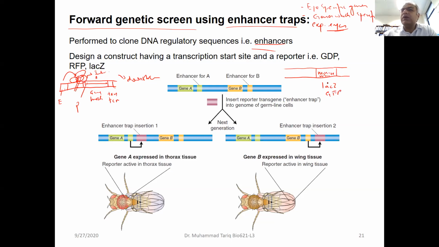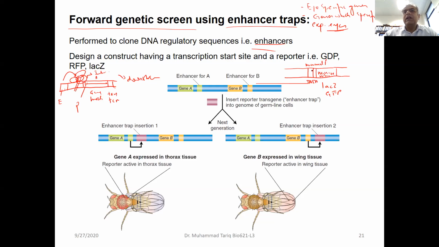You can think of using anything. It contained a minimal promoter. Minimal promoter means it is just a TATA box. RNA Pol II may bind there, but it cannot transcribe on its own.